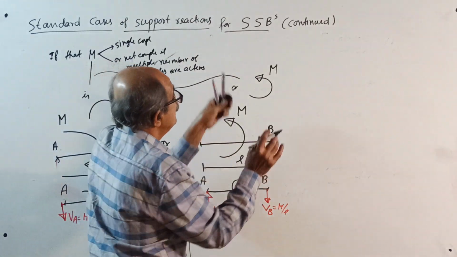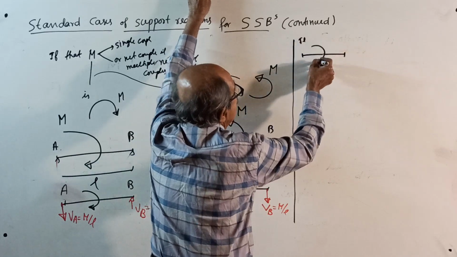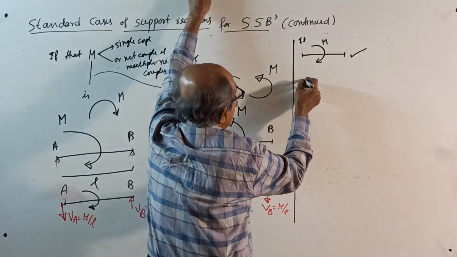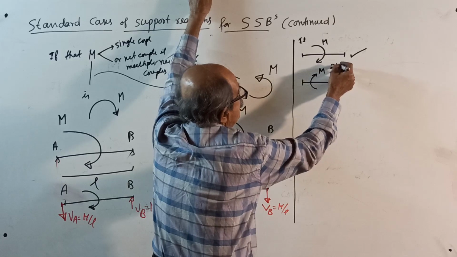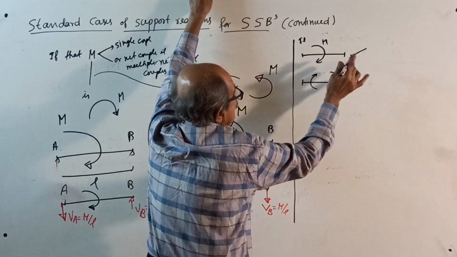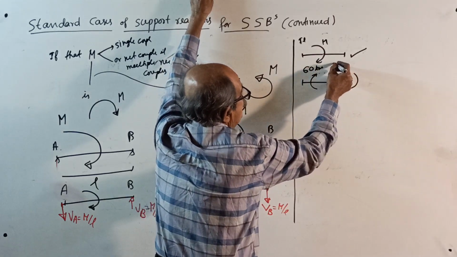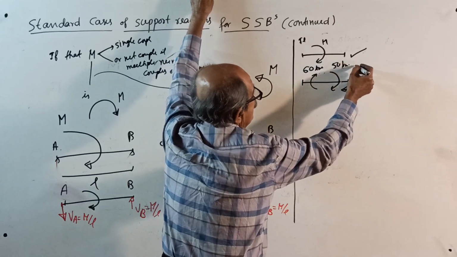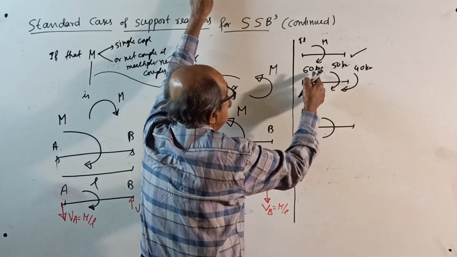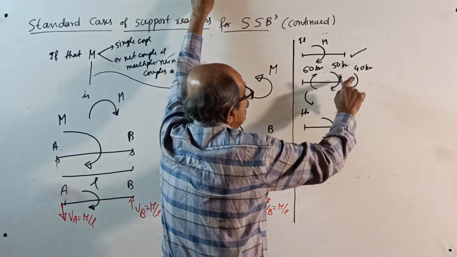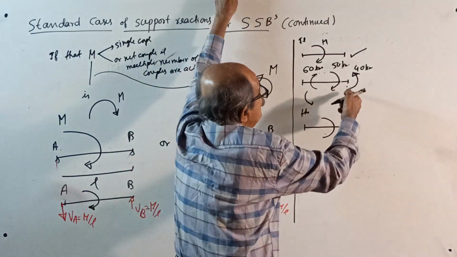I'll give a small example for you. If a single couple M is given, then M is M. Or, in case of multiple couples, I'll put numerical values to make it clearer: 60 kilonewton meter, 50 kilonewton meter, and one more here, 40 kilonewton meter, which I will make anti-clockwise. Then the net couple M will be 60 clockwise, 50 clockwise, 110 clockwise, 40 anti-clockwise.